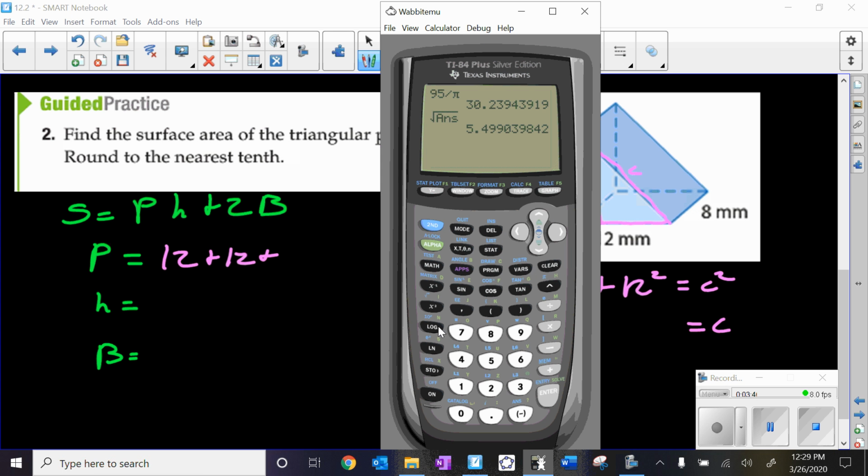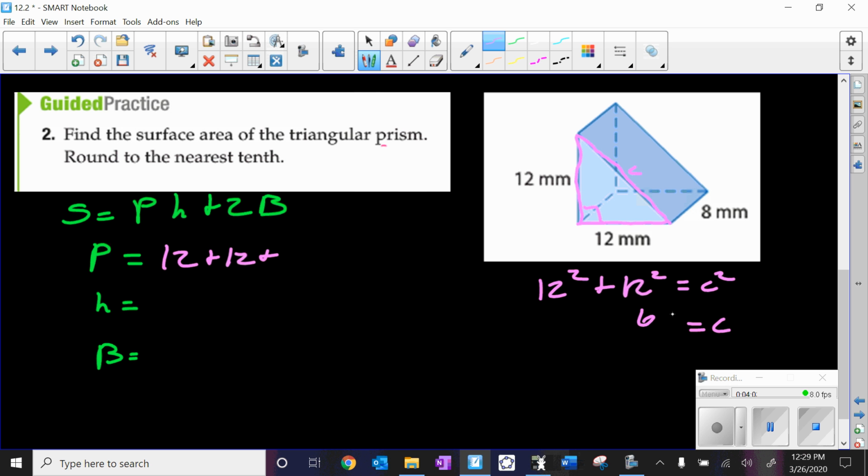We're going to take the square root of 12 squared plus another 12 squared, which is really close to, when I round it up, it looks to be 17. I'm going to say C is about 17. So 12 plus 17 is going to equal the value of 41.